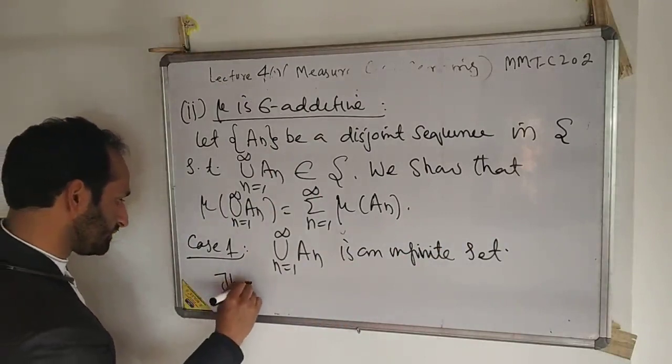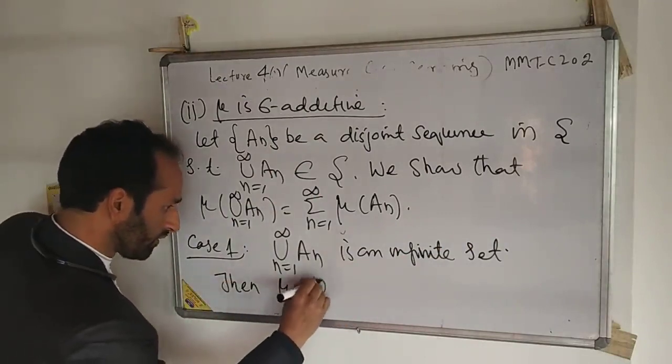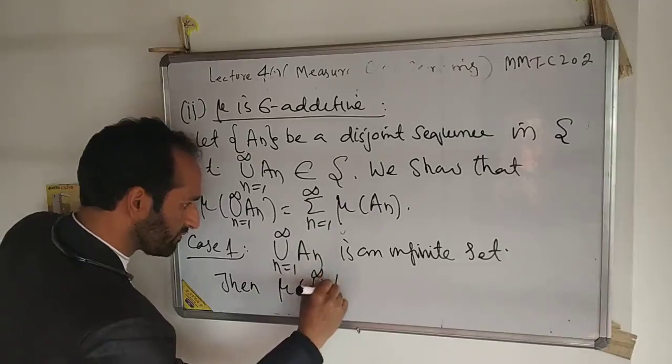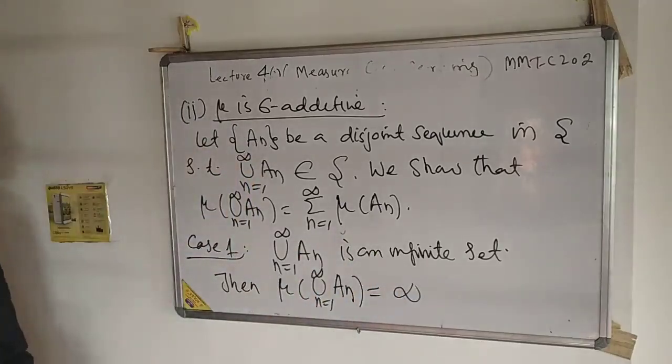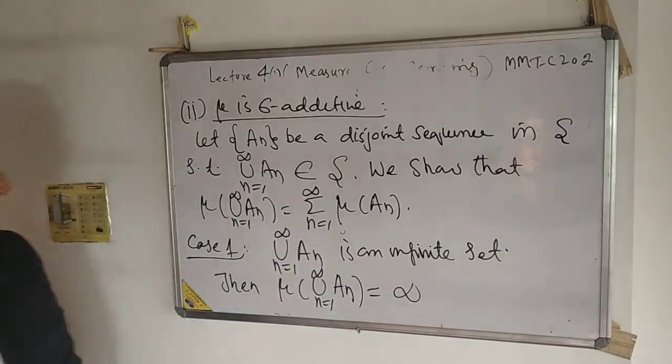then mu of the union of A_n, n from 1 to infinity, is infinity by the definition of mu, because mu of an infinite set is equal to infinity.